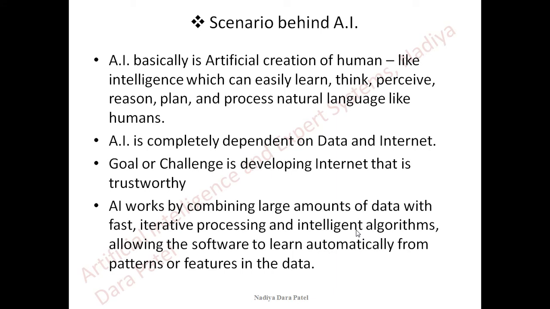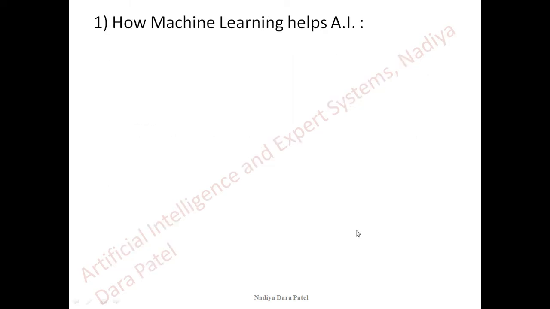We all know what algorithms are. They are steps of execution of a program. So instead of writing down every single program, they have worked on developing algorithms which could learn, which could perceive, which could think.